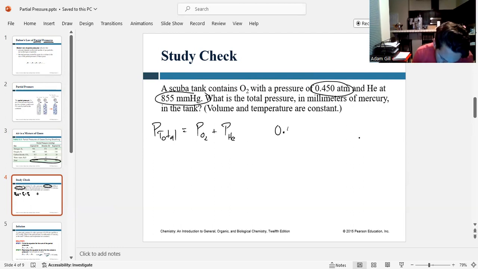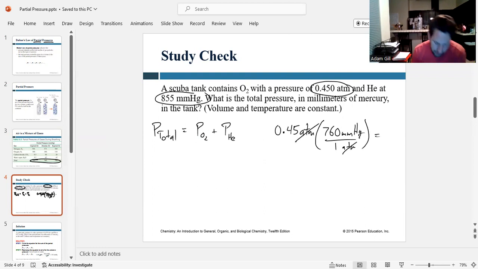So 0.45 atmospheres. And we know that there's 760 millimeters of mercury per 1 atmosphere. Atmospheres cancels. So 0.45 times 760 gives you about 342 millimeters of mercury. Now we can use that in our equation.